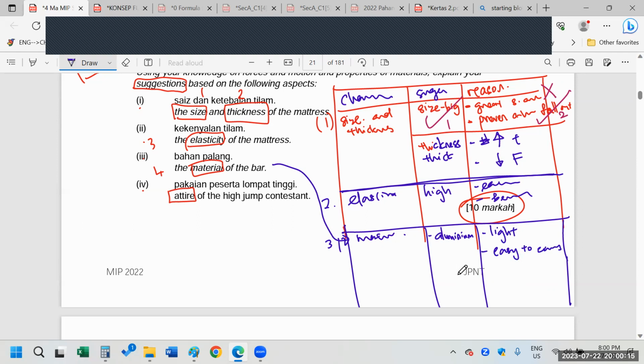Then maybe you tell it is low density, same thing, light. So for material, you can always write 2. Number 1 is the name of the material. Number 2, the characteristic of the material.